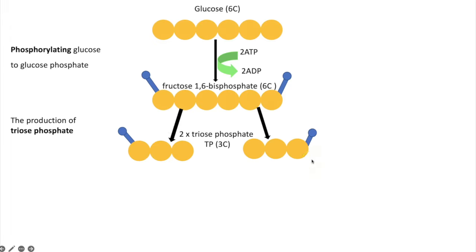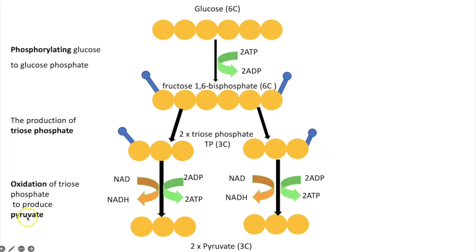That triose phosphate is then oxidized into 2 molecules of pyruvate, and it's oxidized by removing hydrogen, which is picked up by NAD to form reduced NAD or NADH, and in doing so, 2 ATP molecules are created. That happens on both of the triose phosphate molecules.